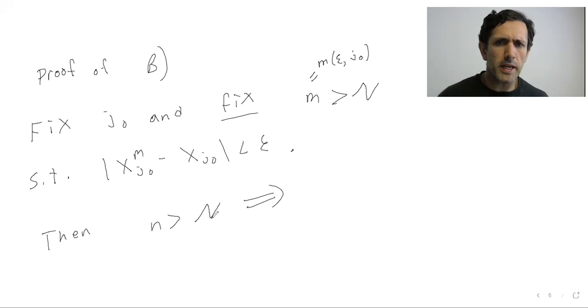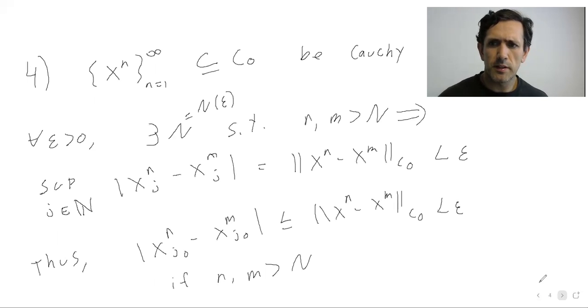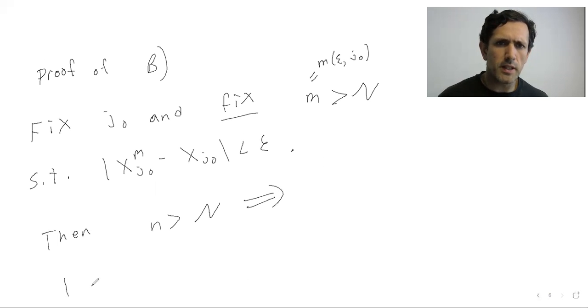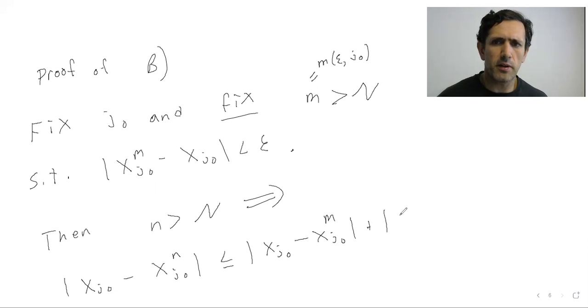N bigger than big N, which only depends on epsilon, implies that xj0, and remember J0 is arbitrary, just some arbitrary fixed natural number. We're just going to use this as an intermediary helper in some sense.